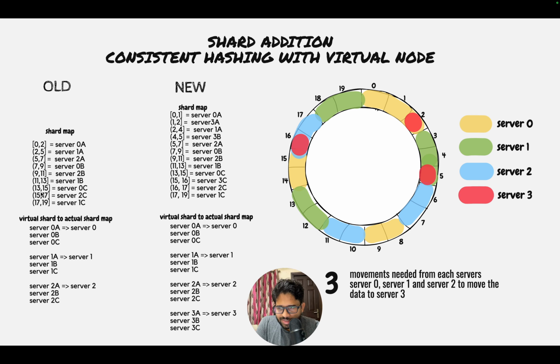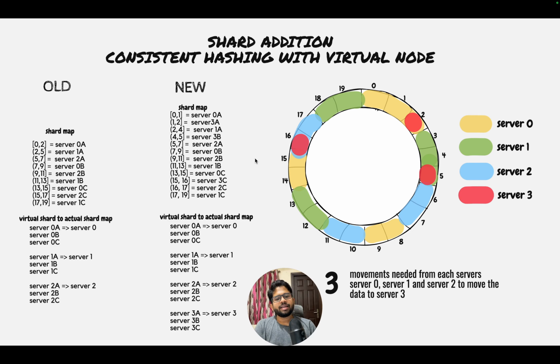So all these numbers you see are being assigned here. Yellow is server 0. You can see yellow is here, then here, then here. Likewise blue, blue, and blue, and green, green, and green. So this is how it is assigned initially, and it was all working fine.